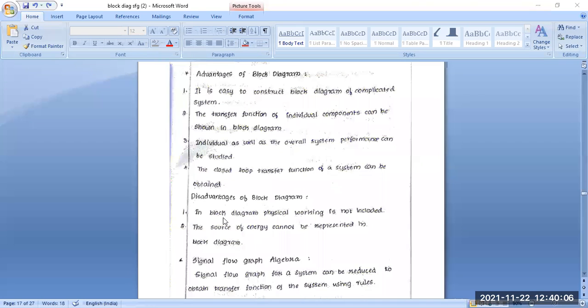So these two are the disadvantages present in the block diagram reduction techniques. So these are basically the advantages and disadvantages of block diagrams, and we have discussed the properties, and we apply the different block diagram reduction rules in the different problems. Okay, so is this clear to all of you?